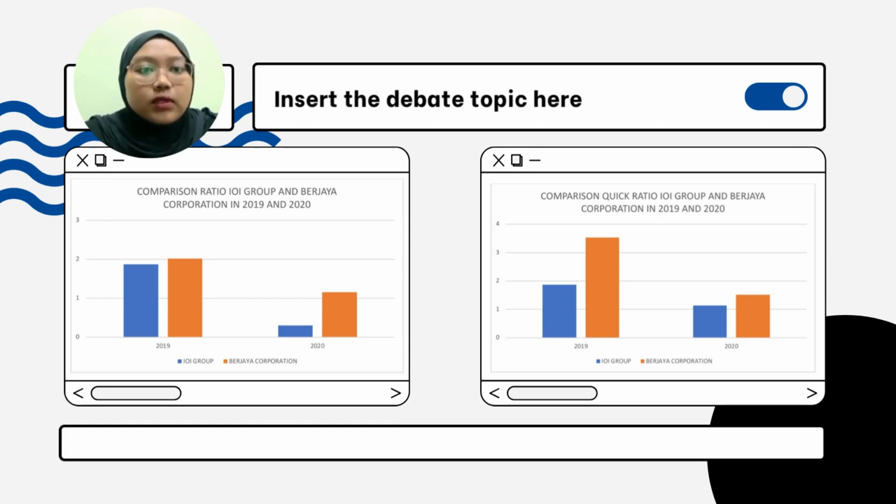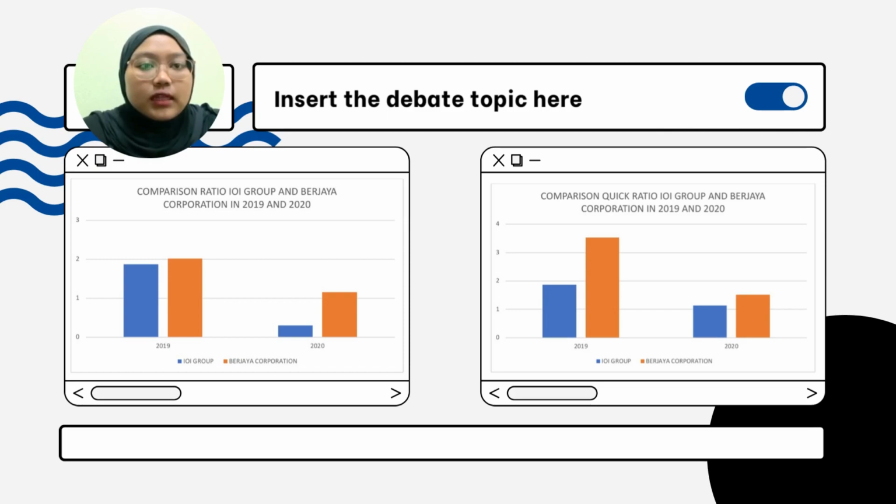Meanwhile, in 2020, Berjaya Corporation still has a higher quick ratio, 1.52, than IOI Group, 1.13. This is because the IOI Group does not have inventory, and the fastest way to manage current liabilities is through current assets, while Berjaya Corporation has inventory that helps to manage its current liabilities.